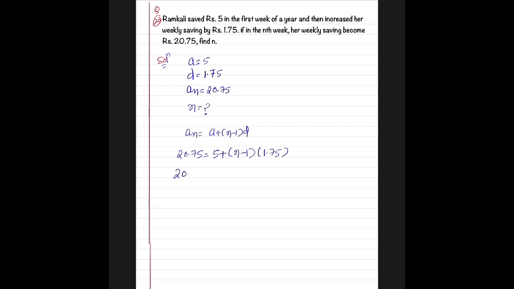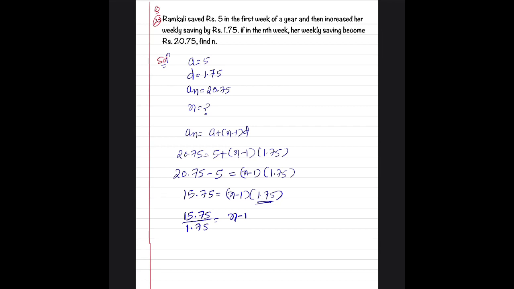So students, 20.75 minus 5, I will take this 5 to the left hand side, equals n minus 1 into 1.75. So this is 15.75 equals n minus 1 into 1.75. Taking this term to the left hand side, it becomes division: 15.75 divided by 1.75 equals n minus 1.